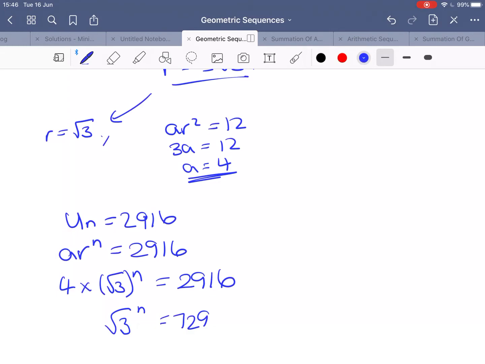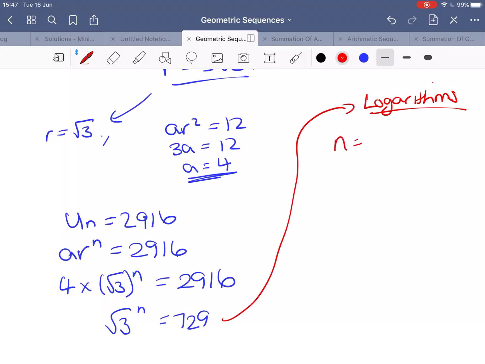And thinking back to last year, this is where we have to use our logarithms to solve this, okay? Because when the unknown is in the power, the way we solve it is to use logarithms. And we could think our root 3 is our base number, so something to the power n equals 729. I could say, well, that means n is log to the base of root 3 of 729.